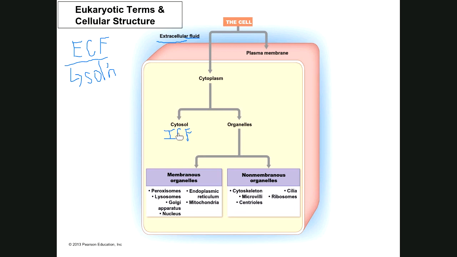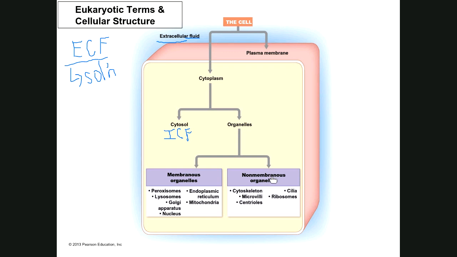This solution, called the cytosol or ICF, surrounds two different groups of organelles. In my day, they just said organelles. But because of research advancements, they now break organelles up into two groups. There are non-membranous organelles.